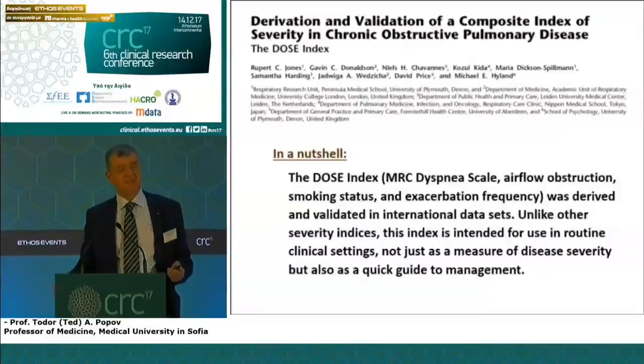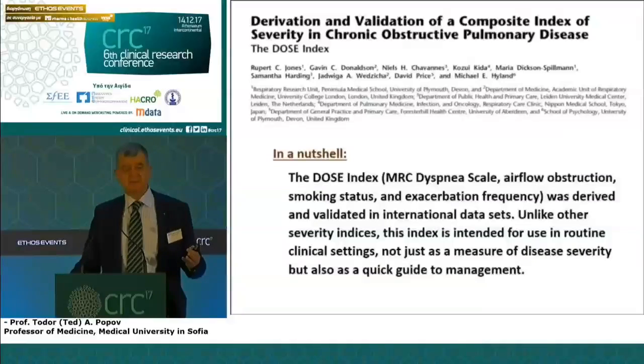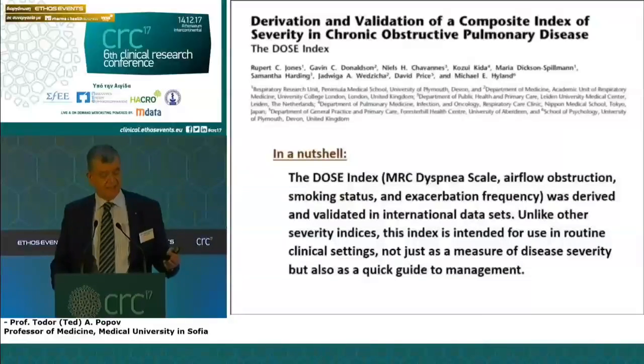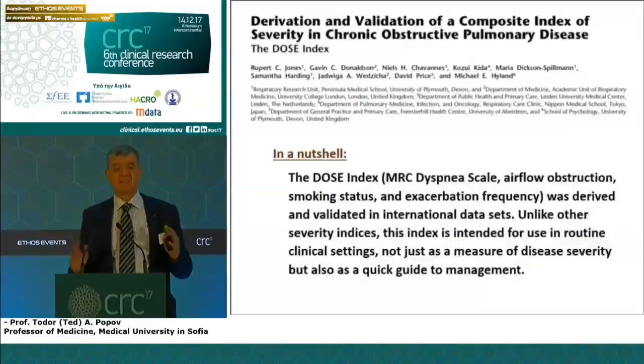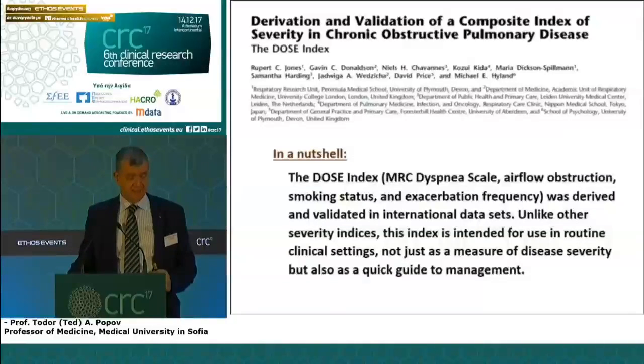And there have been different indices that are telling us about the condition of the patients, not only about management of clinical trials. And there's this DOSE index, dyspnea, airflow obstruction, smoking status, and exacerbation frequency, which is derived from validated international data sets, and not only from randomized control trials.